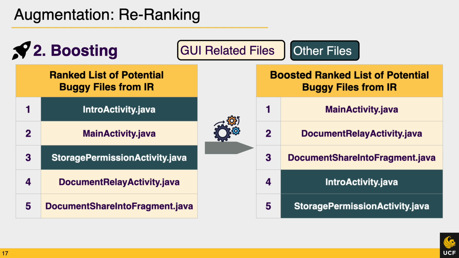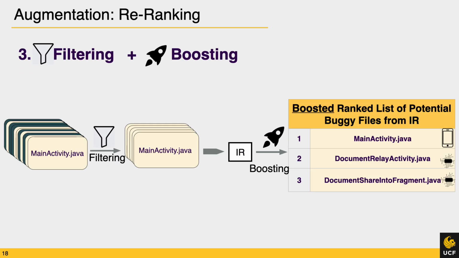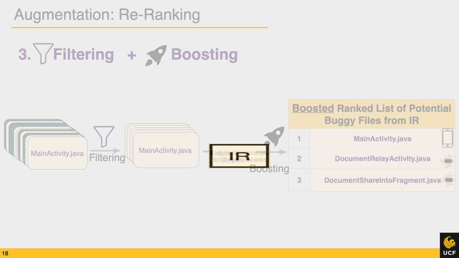For example, here the three files marked in light yellow are related to the GUIs and two files marked in green are not related to the GUIs. Here we will not exclude any files but boost the rankings of the GUI related files compared to the other files. The third re-ranking technique is filtering plus boosting. Here we first filter out unrelated GUI files and apply boosting to that less restrictive set.